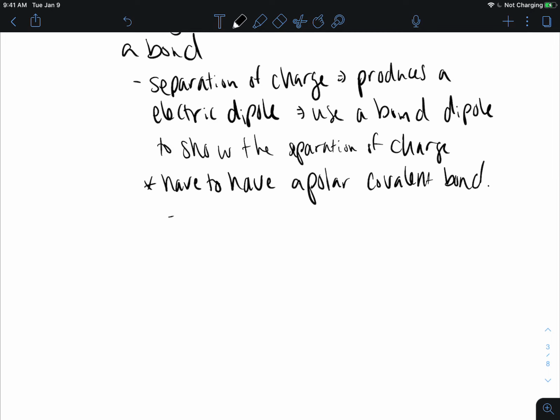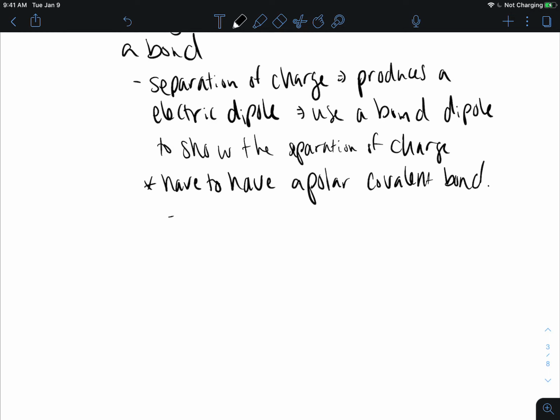And we can think about bond dipoles a lot of times like a vector. So it's going to have direction and magnitude. However, we draw it the opposite way that we do an actual vector. With a vector, you're going to be pointing your arrow towards the positive. Here, we're actually going to be pointing our arrow towards the negative.